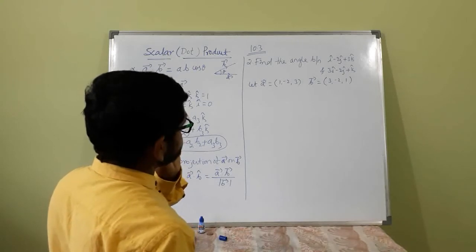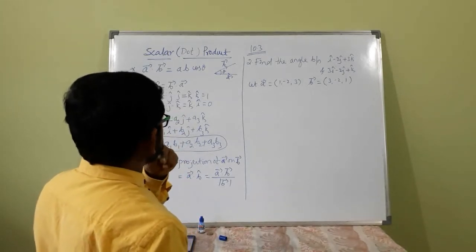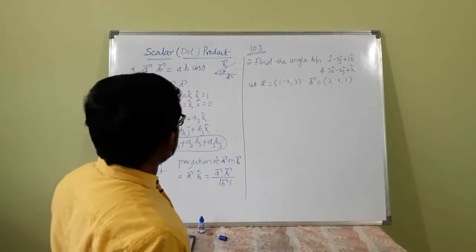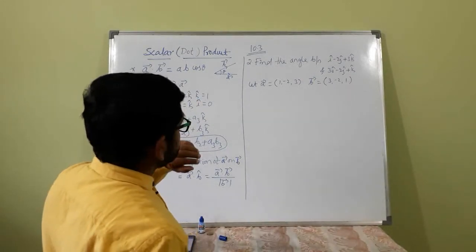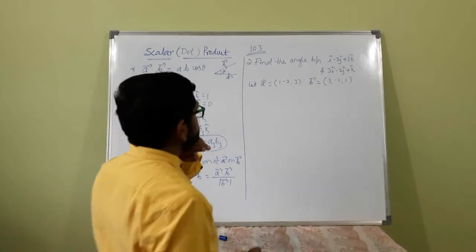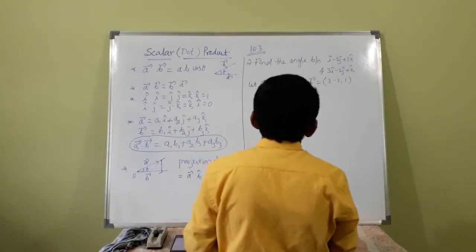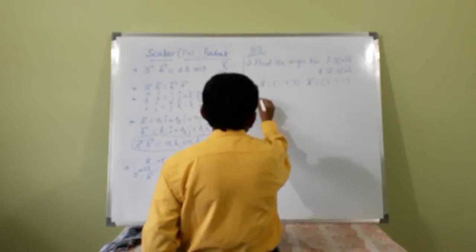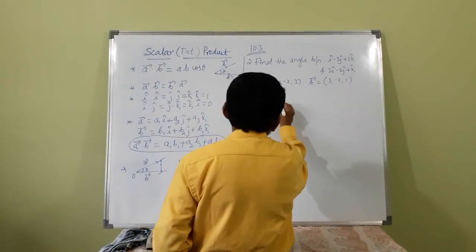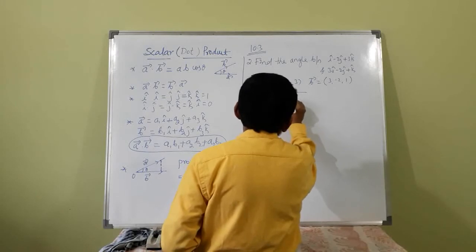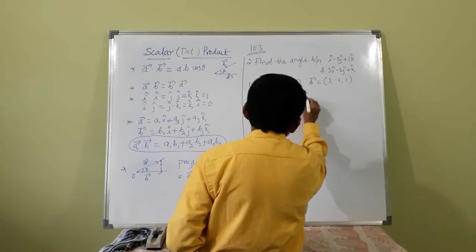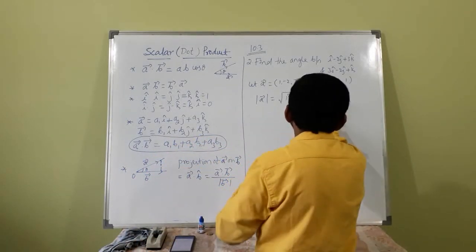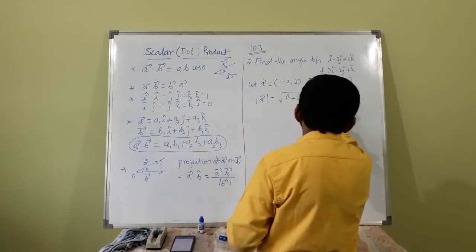A dot B is equal to AB cos theta, or cos theta is equal to A dot B divided by modulus of A into modulus of B. For that you require modulus of A, that is square root of 1 square plus 2 square plus 3 square, that is 1 plus 4 plus 9, 14, so root 14.